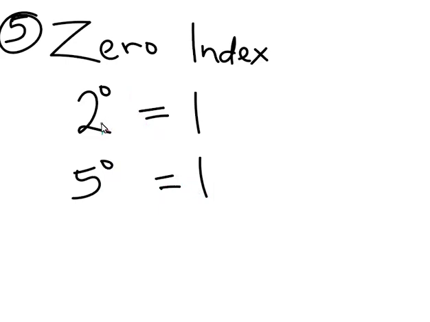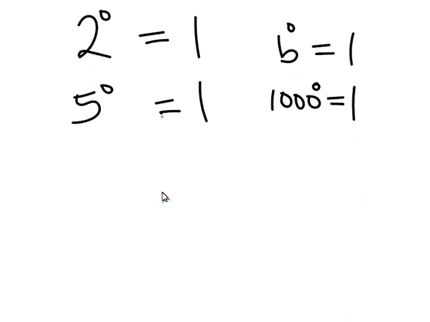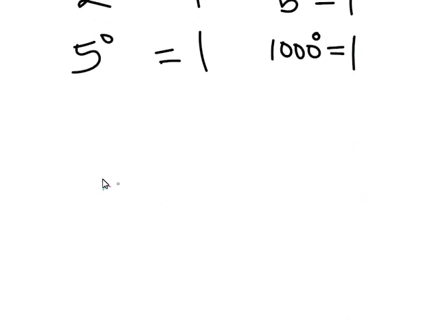And if you even have B index 0, the result is 1. So any number or quantity raised to the power of 0, the result is simply 1. We can even prove that by having something like this.